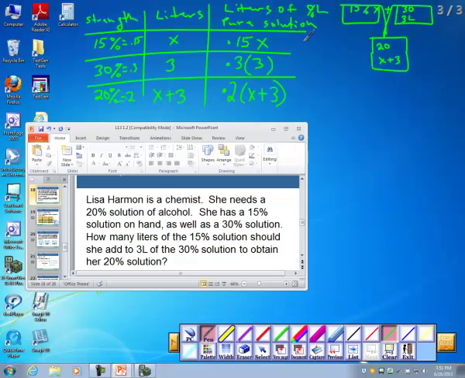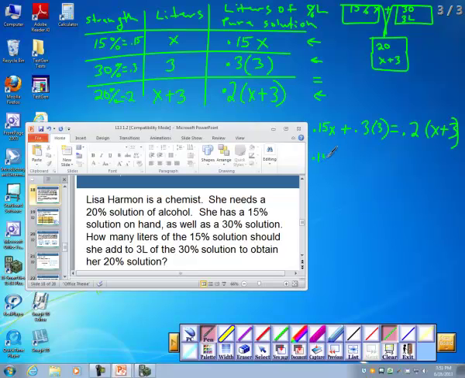So we're taking these two and adding them to make this third one. So this is going to be 0.15x plus 0.3 times 3 equals 0.2 times x plus 3. Questions with that?